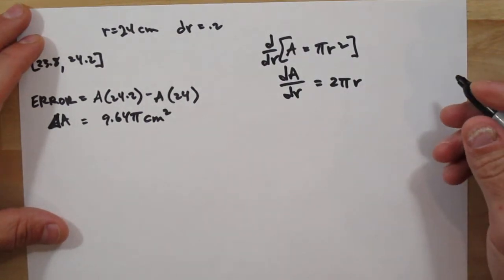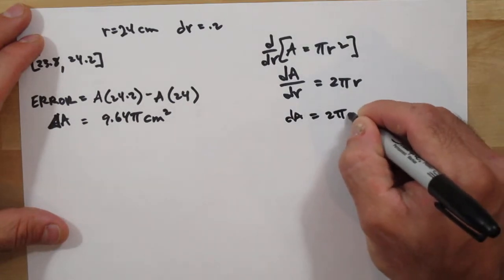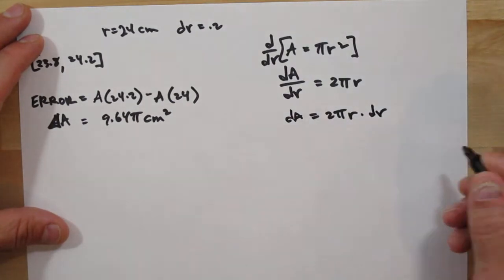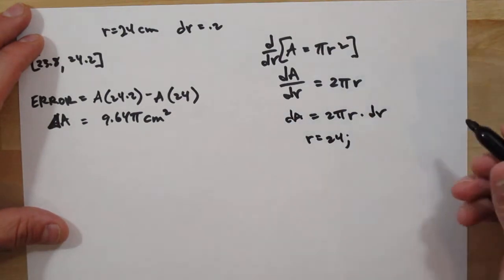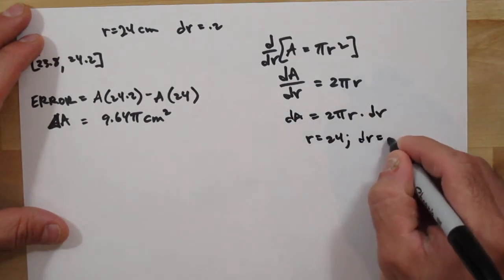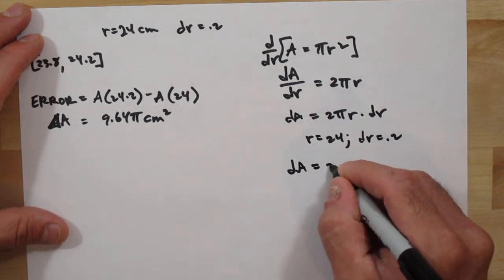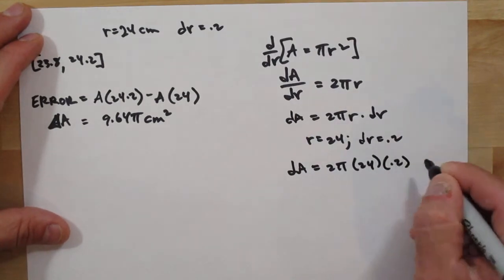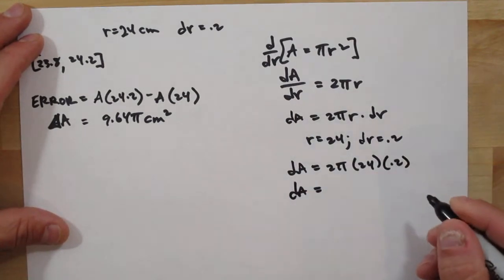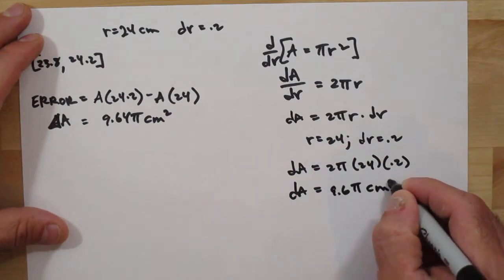I'm going to multiply both sides by dr. Recall that r equals 24, at least we want it to be, and dr is equal to 0.2. So dA would be equal to 2 pi times 24 times 0.2. Again, I'm not a human calculator, but that comes out to be 9.6 pi centimeters squared.